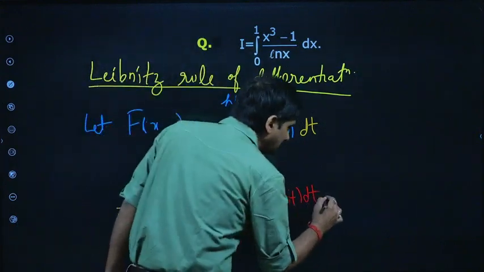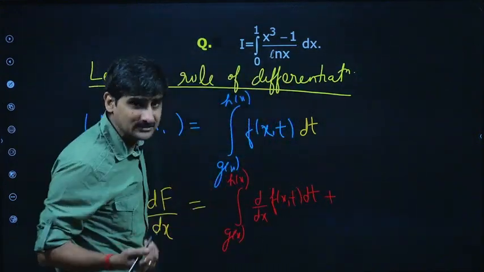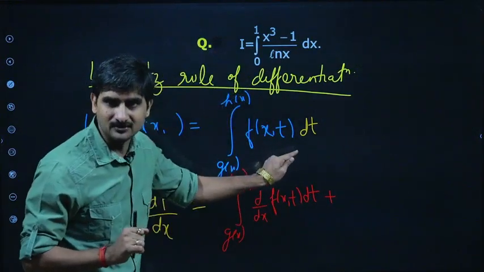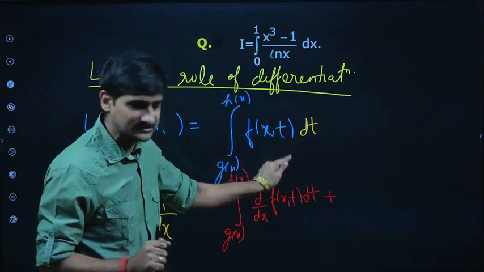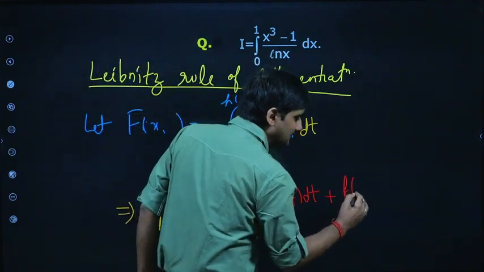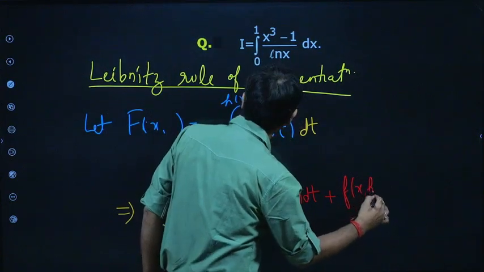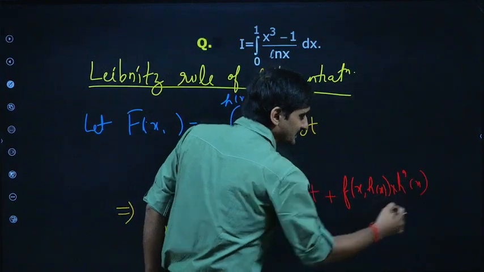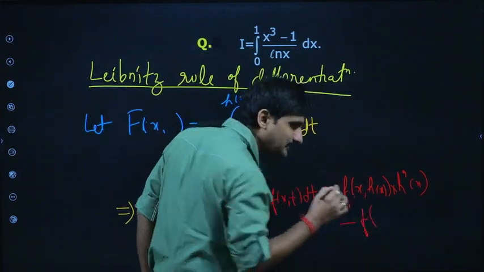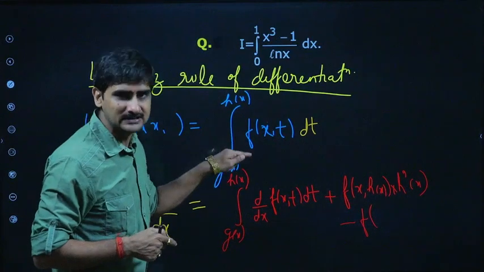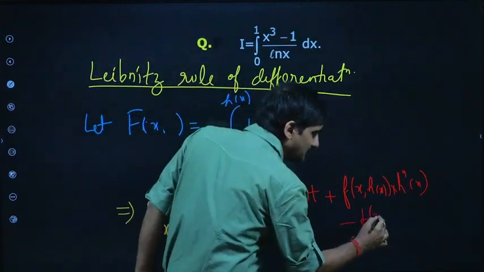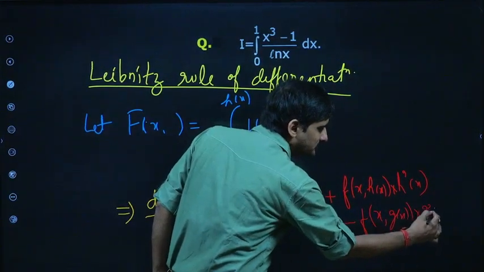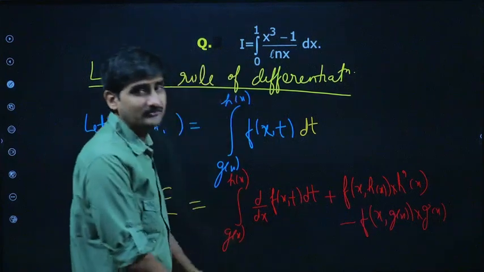Then the normal notation says replace the variable of the integral, that is t here, by the upper limit of the integral into the derivative of the upper limit, minus replace t, the variable of integral, by the lower limit and differentiate the lower limit. So that's your Leibniz rule of differentiation.